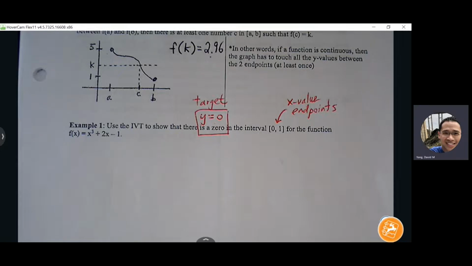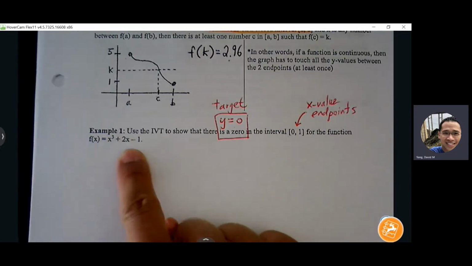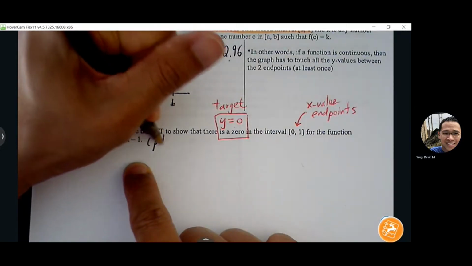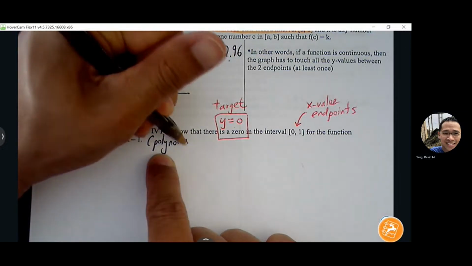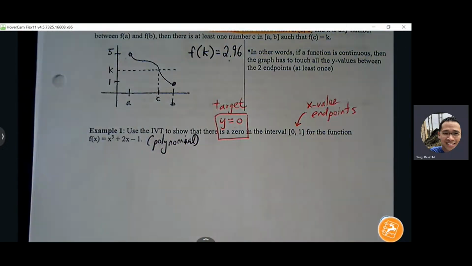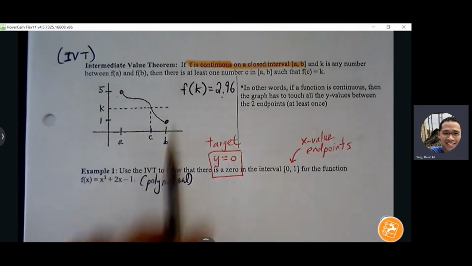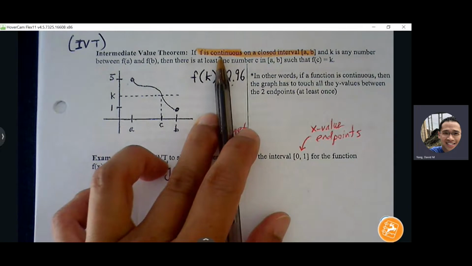All right, so first thing is we need to establish the function is continuous. The nice thing here is this is a polynomial. No variables in the denominator. And polynomials are safe. There are no asymptotes, there's no holes, there's no breaks. We don't do any tests. We just know that we're guaranteed to have a continuous function.